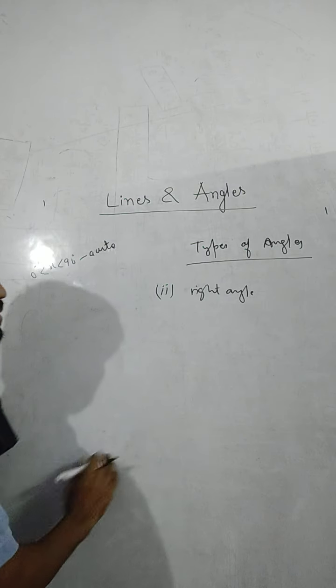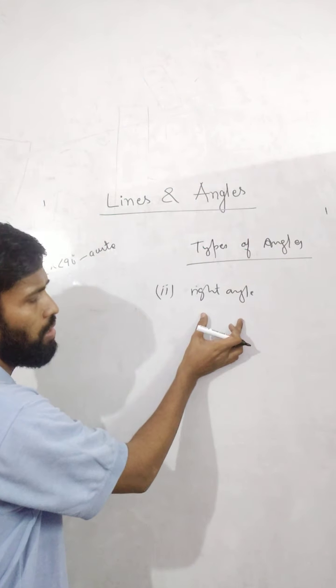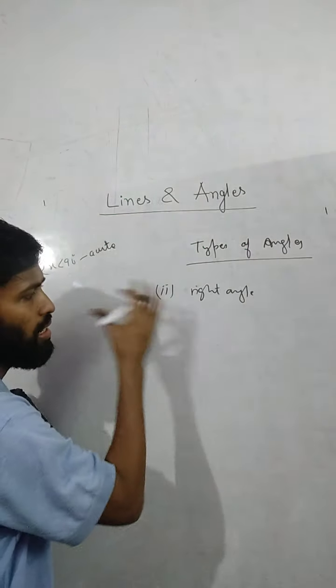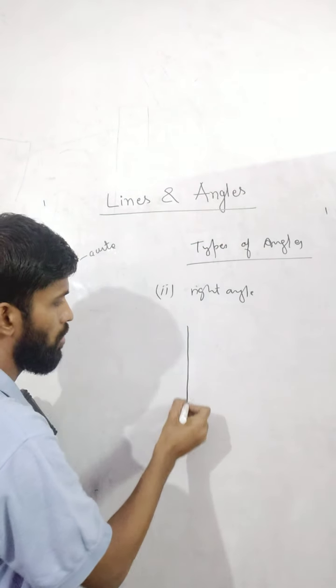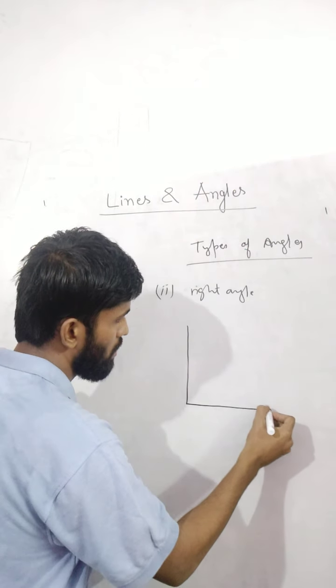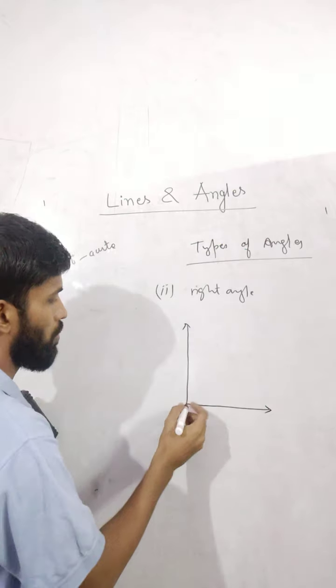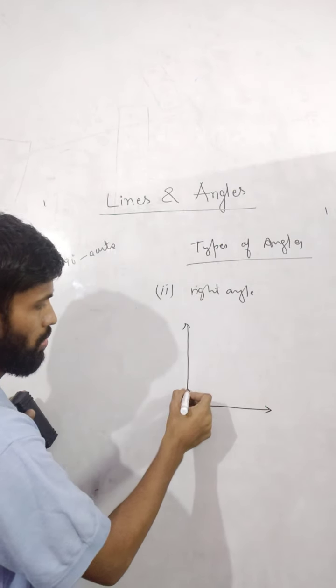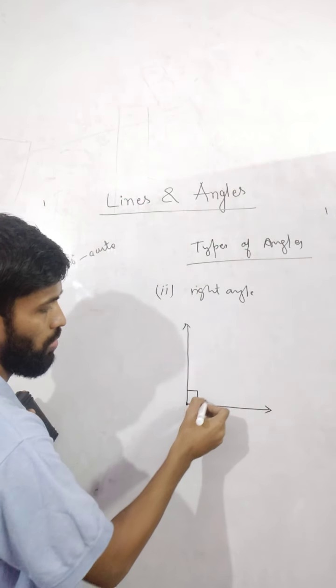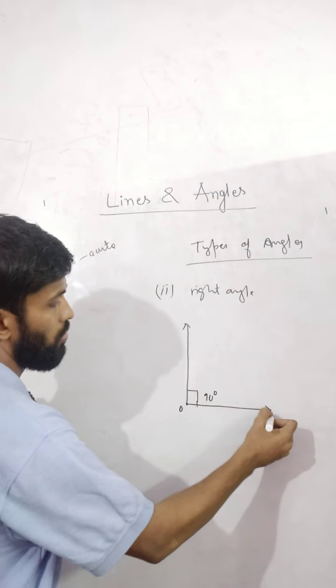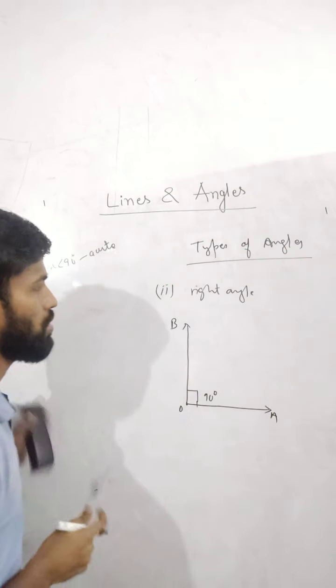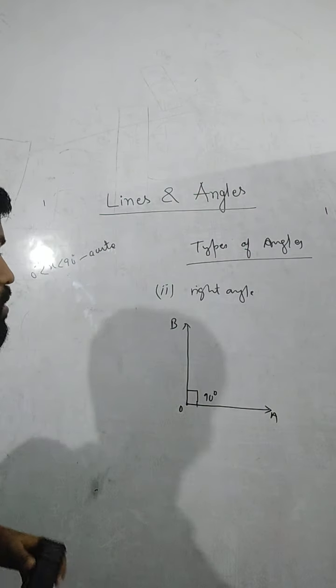A right angle is an angle whose measure is exactly 90 degree, right? And we know that when two rays are perpendicular to each other, the angle formed is 90 degree. So this is a representation of a right angle.